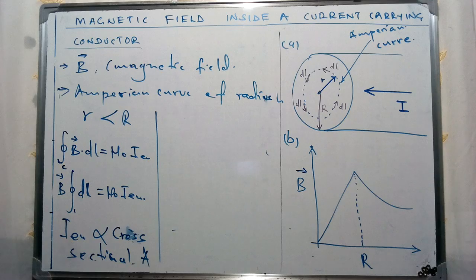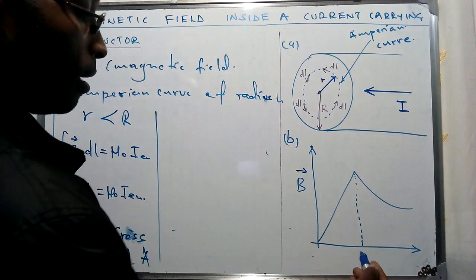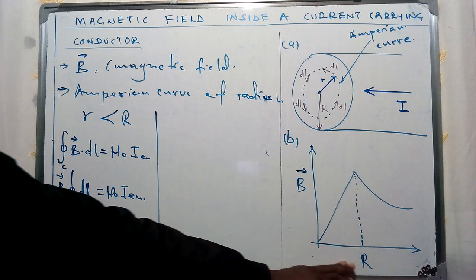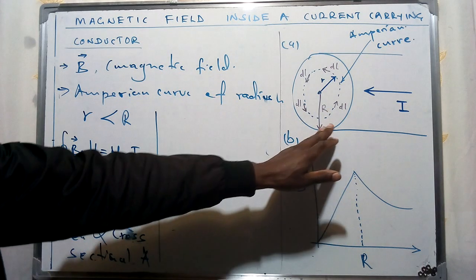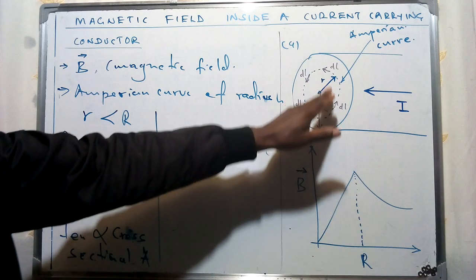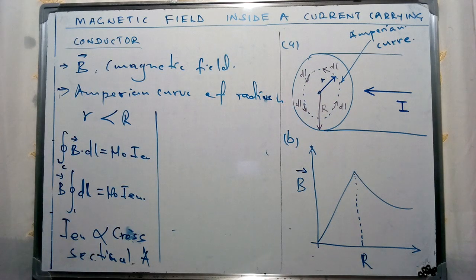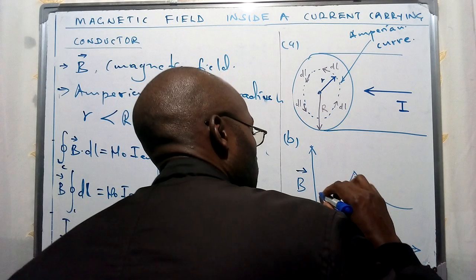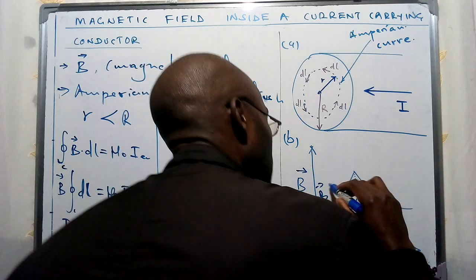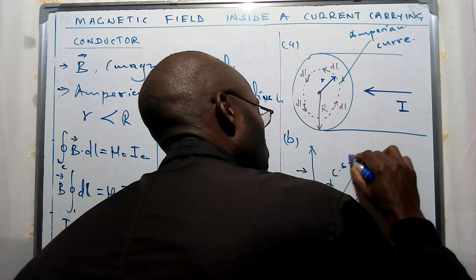Now we are going to see that from experimental values which have been obtained, there is a relationship between the magnetic field and the radius, or the radii, which we are going to use for the small r and the capital R in this particular case. And we can indicate that whereby we're going to see that the magnetic field is directly proportional to the cross-sectional area.